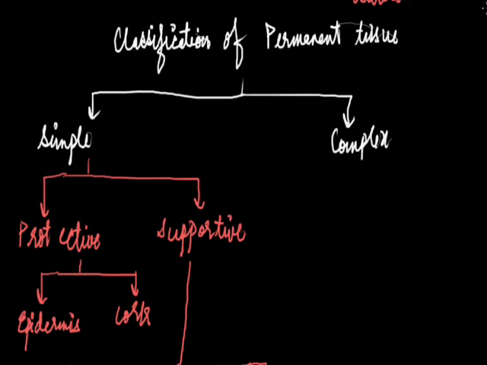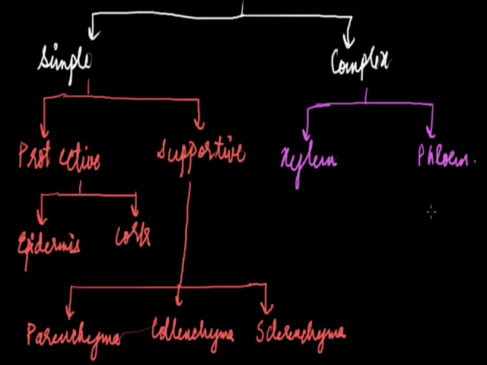These complex permanent tissues are of two types. These are xylem and phloem. And we would be discussing this in our later classes. So this is the classification of permanent tissues.